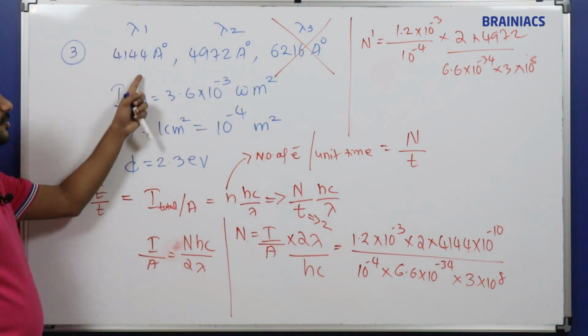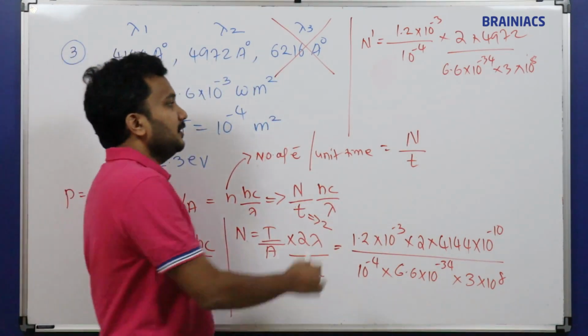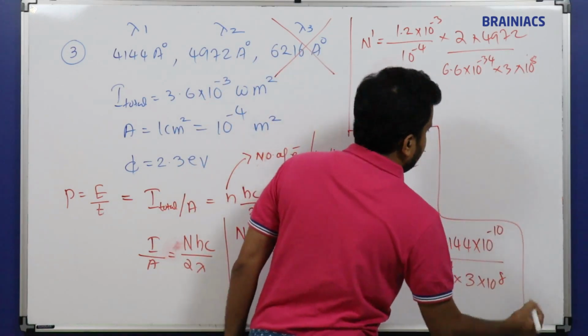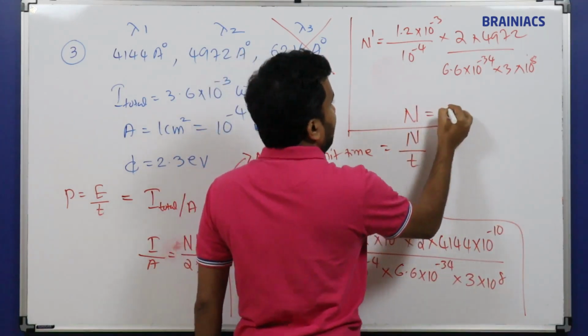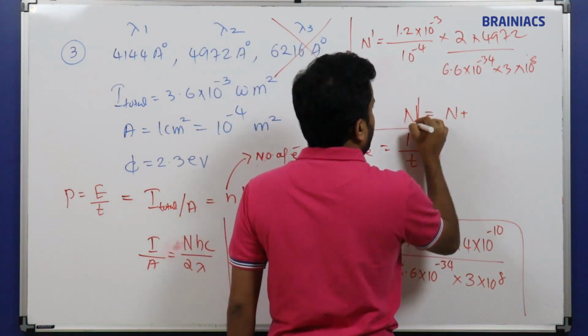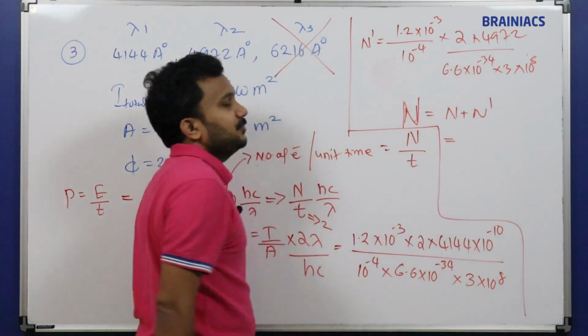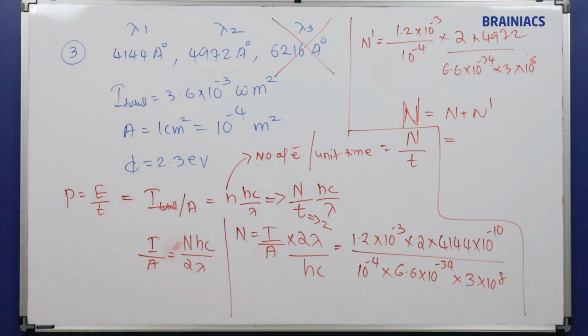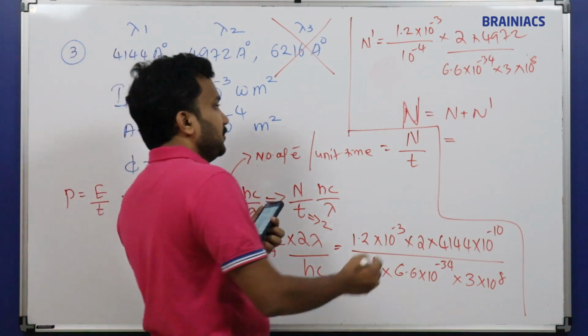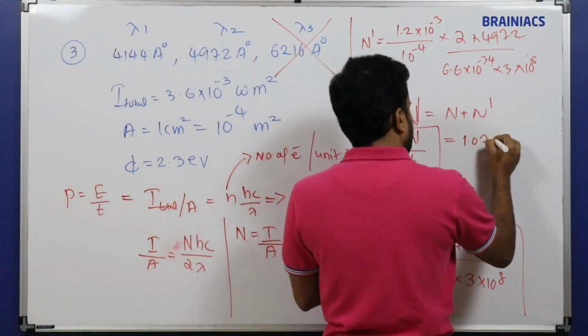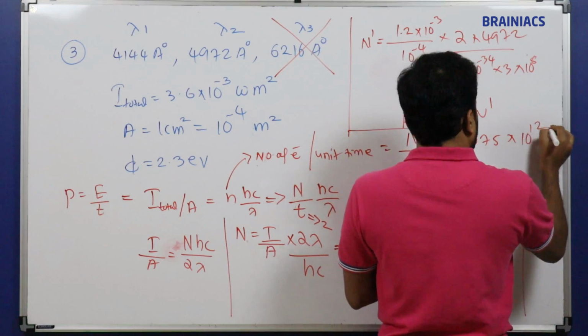So these two radiations are capable of producing the number of electrons. So total capital N equals n plus n dash. These two values you have to add. Once you add this, I solved the value, and we come up with the options, and we get this as option B. It is 1.075 into 10 power 12.